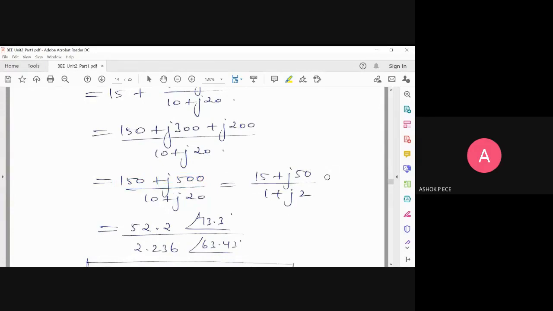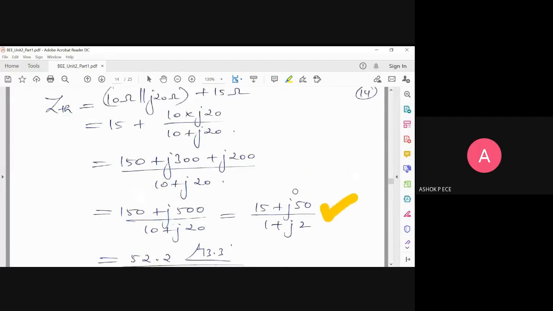Now we have to write this one in polar form. Please, everyone, try to get till this step. Try to get it in a J format. Now we have to convert this J format into polar format, which you know how to write in magnitude and angle format.